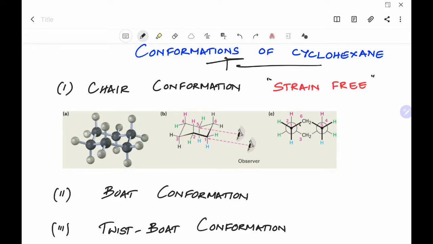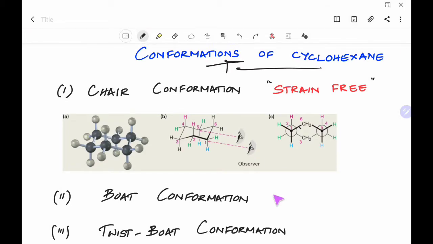The boat conformation resembles a boat, which is why we call it the boat conformation. It has no angle strain. However, you have some eclipsing interactions.